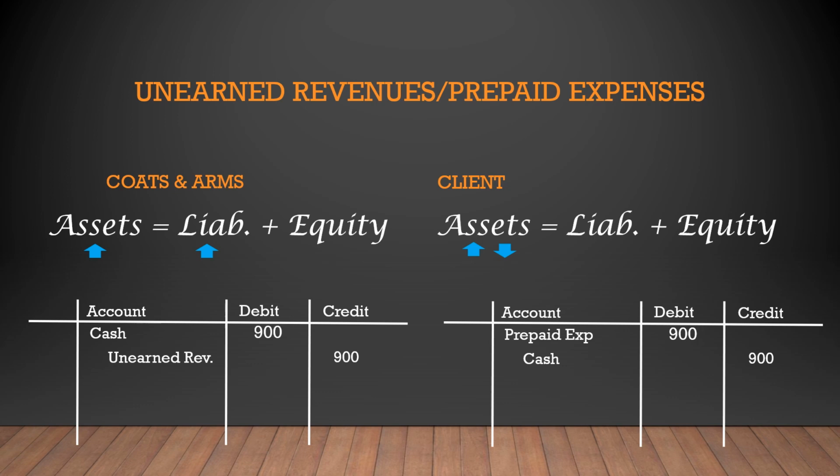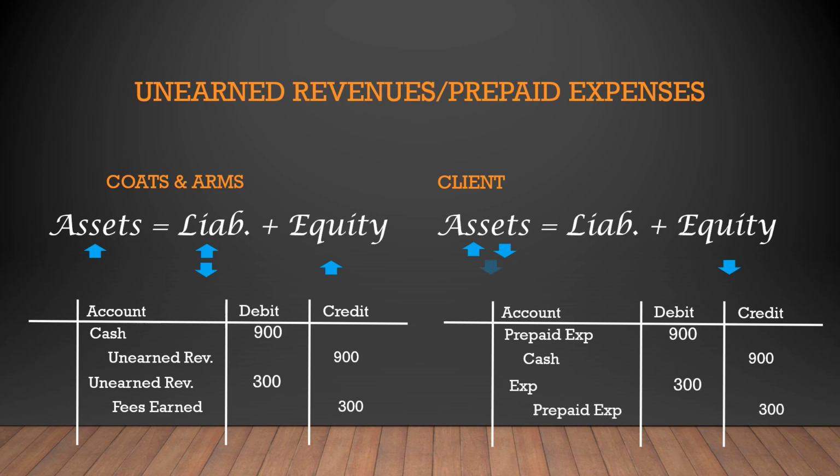When the adjustments are booked, CNA credited fees earned, increasing its equity, and debited unearned revenue for the portion of the liability satisfied. The revenue earned by CNA is an expense of the client, a debit. Here, the client consumed a portion of his prepaid asset by receiving these services from CNA, so he'll credit his prepaid asset account.